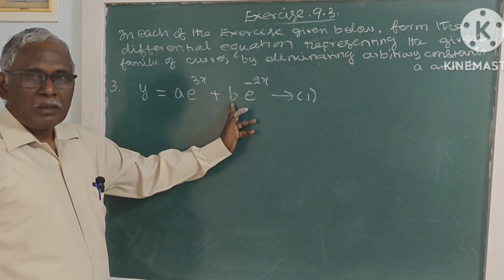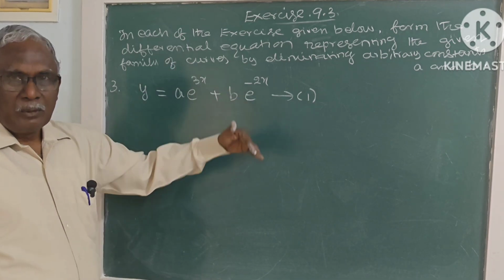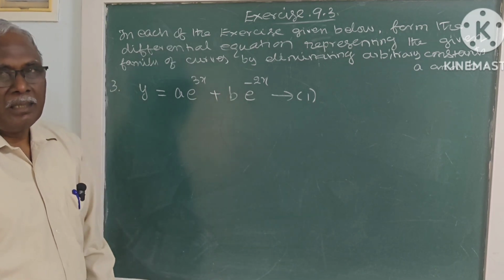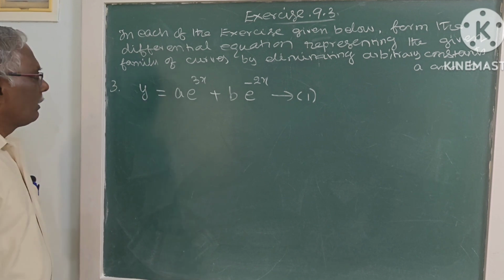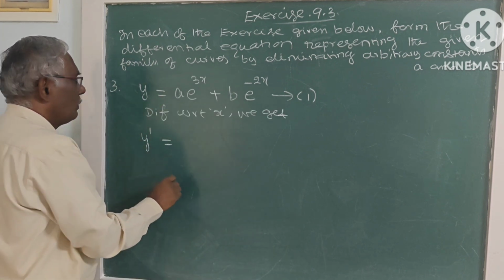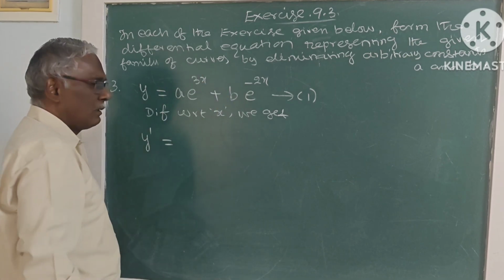In this equation function, there are two arbitrary constants a and b. So we have to differentiate it two times and we have to eliminate the arbitrary constants. Differentiate with respect to x, we get y dash is equal to a into e power 3x.